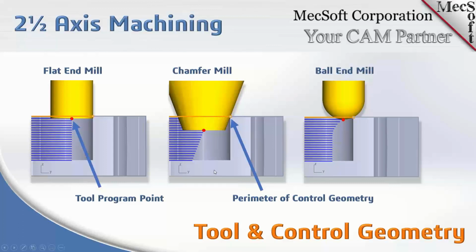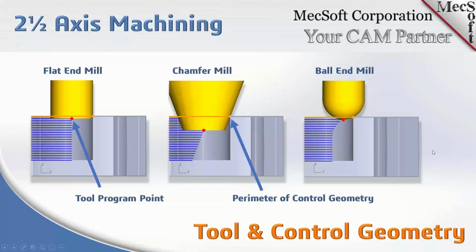One important note: a lot of new users get caught up on this. If you're using a ball end mill and you select the curve as your machining geometry, as Don is showing here, but did not specify any cut depth, then you're going to get one cut level, which will be right on the same level as that curve if you have selected a ball end mill.